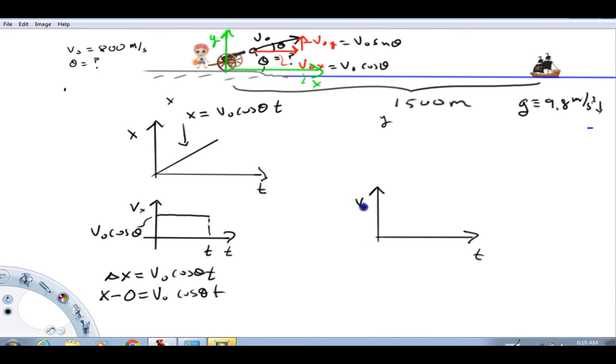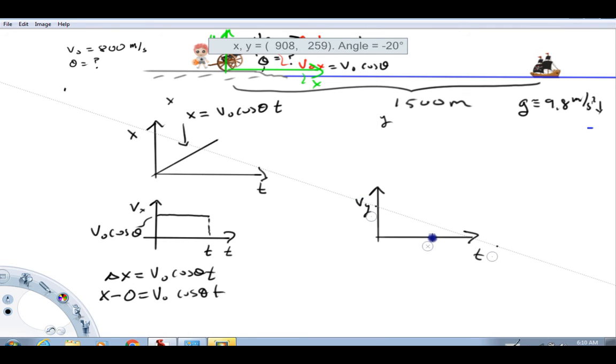Right? Our velocity in the y direction at t equals 0, the cannonball does have a velocity in the y direction. In our original picture, that's here. Initial velocity y direction is up, and its magnitude is going to be v sub o sine theta. Now, we don't have a number right now because we don't have the theta part, but we do know that it's up, so this is going to be some positive value.